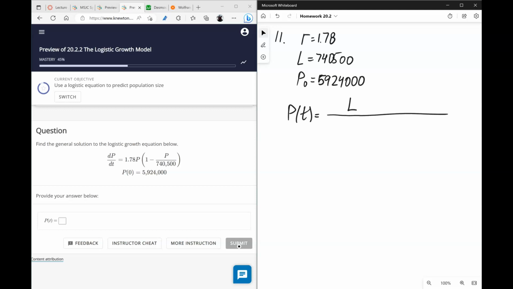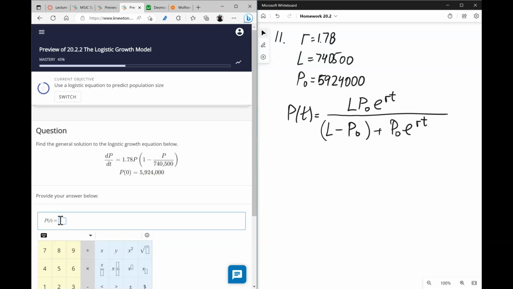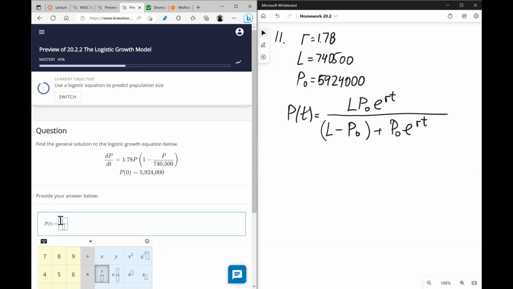L P0 e to the RT, L minus P0 plus P0 e to the RT. So here we're going to have 740,500 times 5924123 times e to the power 1.78t.